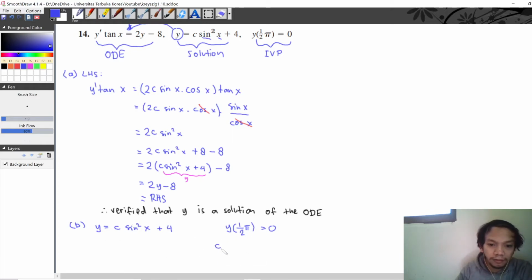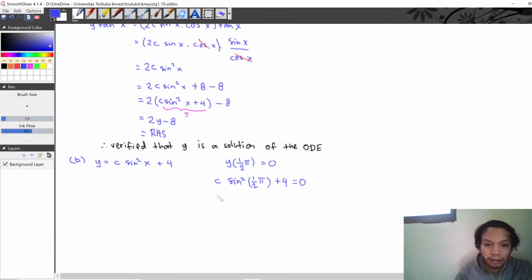So we will have c sine squared of 1/2 pi, because we replace x by 1/2 pi, then plus 4, that will equal 0. Now we have c, and sine pi over 2 is 1, and 1 squared, plus 4 is equal to 0, or c plus 4 is equal to 0, or c is minus 4.